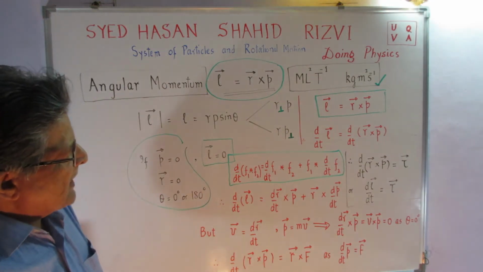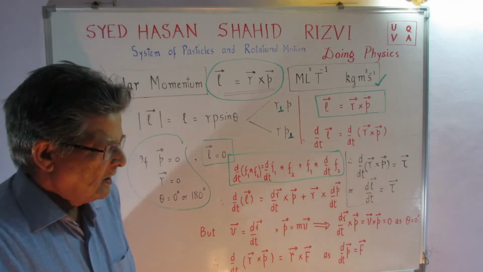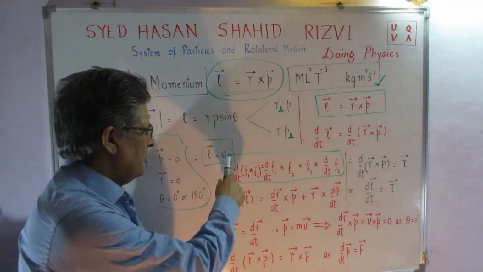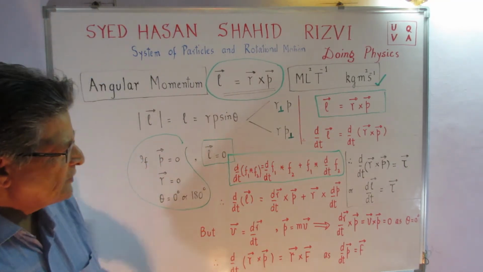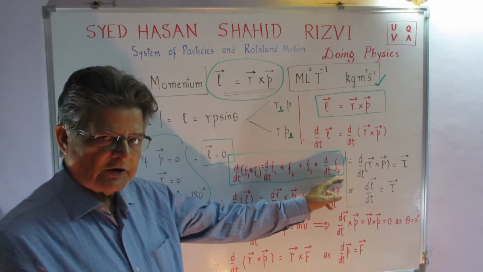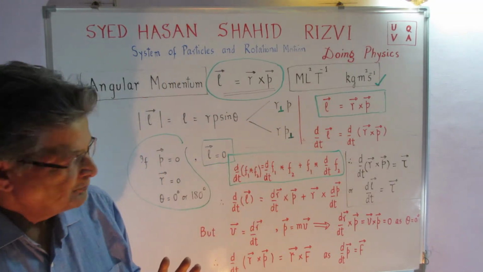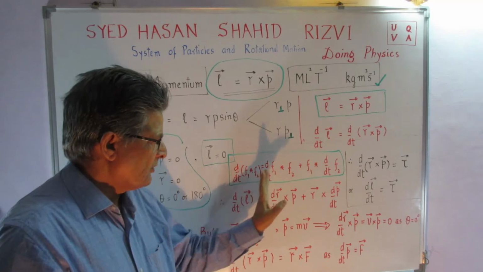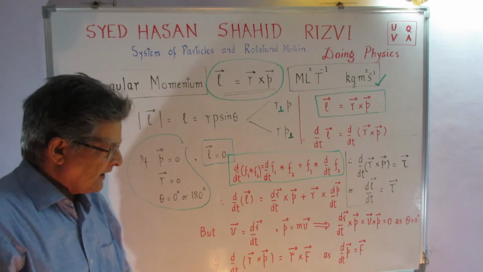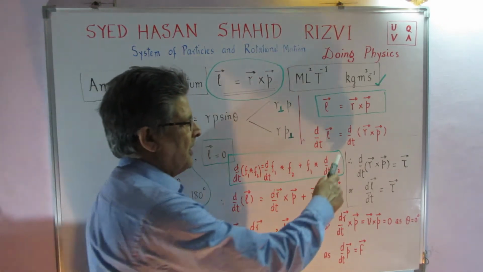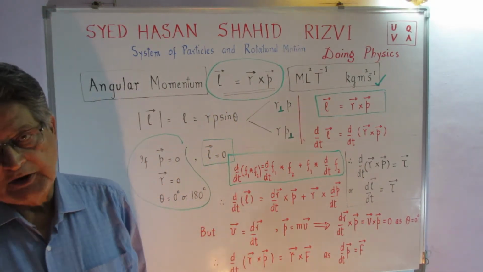But some of my friends have remembered it like this: the differential of the product of two functions is equal to the first function into the differential of the second function plus the second function into the differential of the first function, which is not of much use for us, the students of physics, because we are wedded to the concept of this order. The order should not be disturbed.